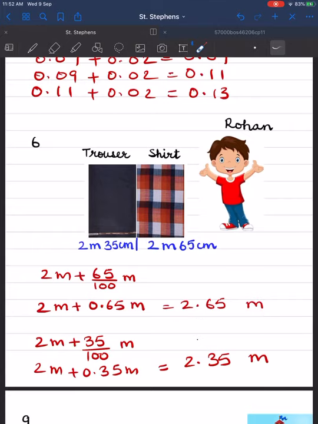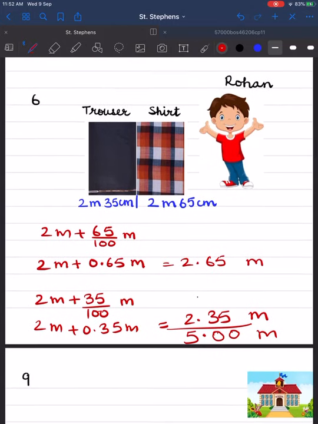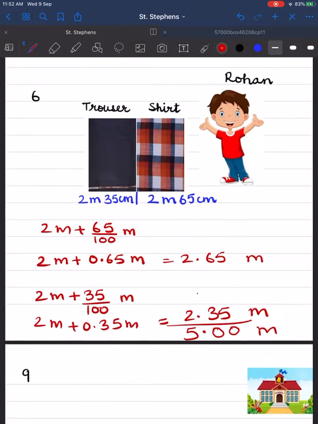So here we get 5 plus 5, 10. We carry 1. Again we get 10. We write 0 and we carry 1 and we get here 5. So we get 5 meters. So the total length of the cloth is 5 meters.